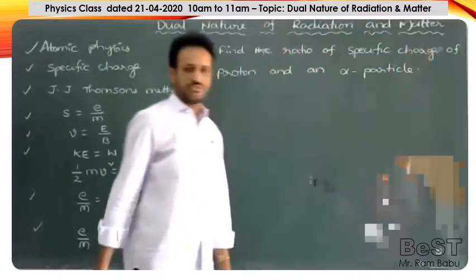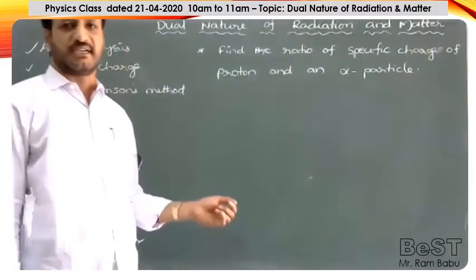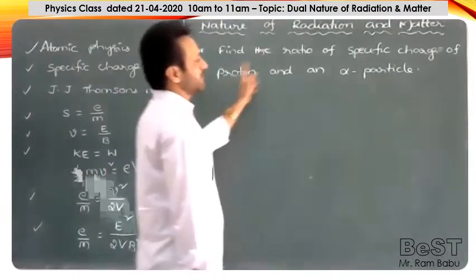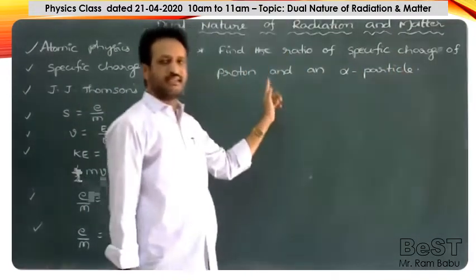This type of question is generally asked in competitive exams. So find the ratio of the specific charge of a proton and an alpha particle.